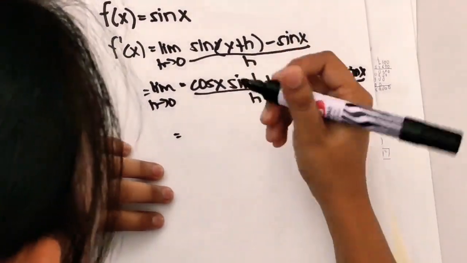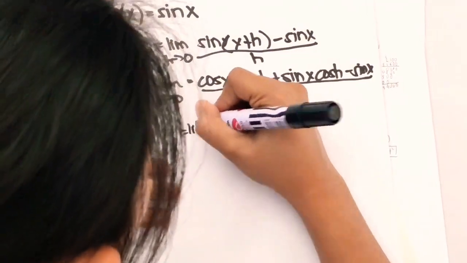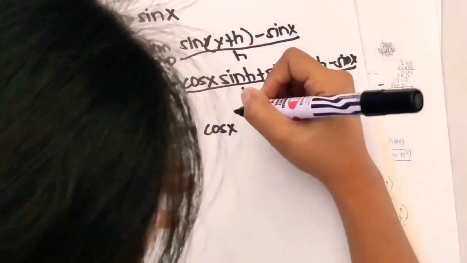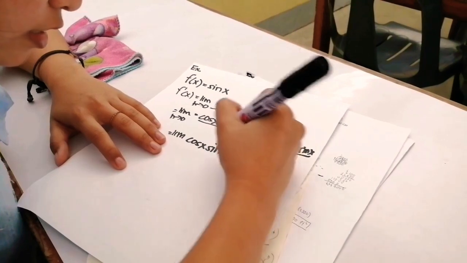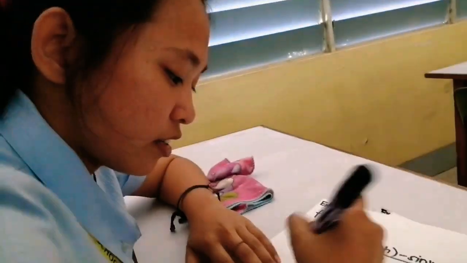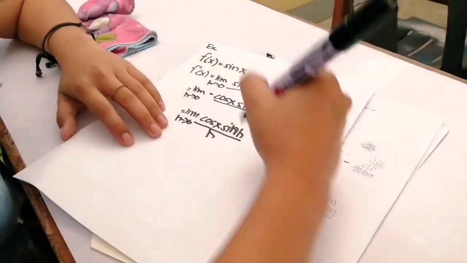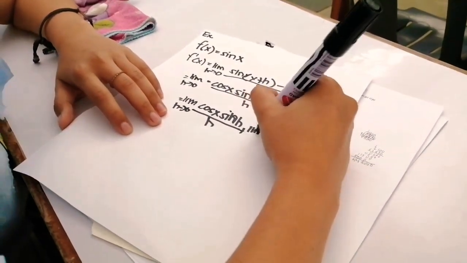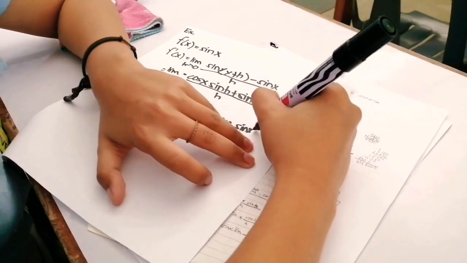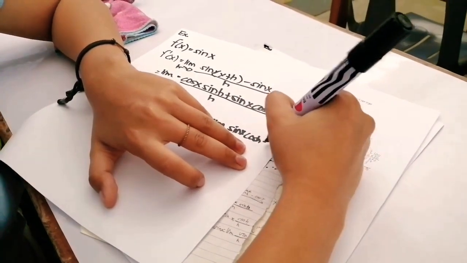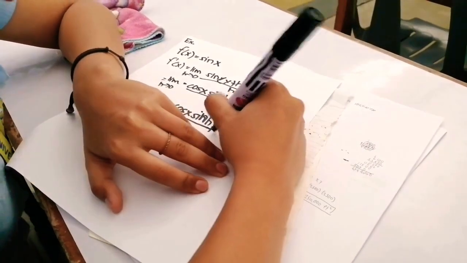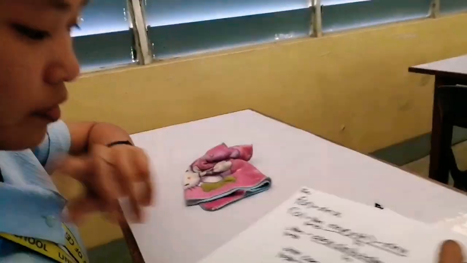Equals limit of cosine x sine h over h as h approaches 0 plus limit of sine x cosine h minus sine x all over h as h approaches 0.